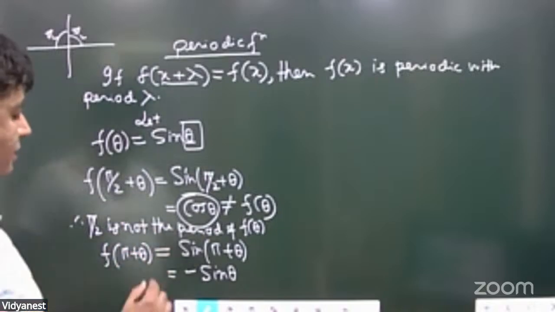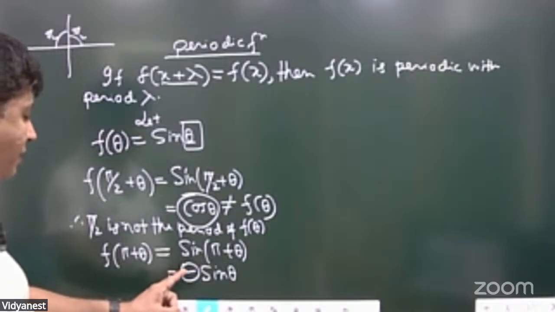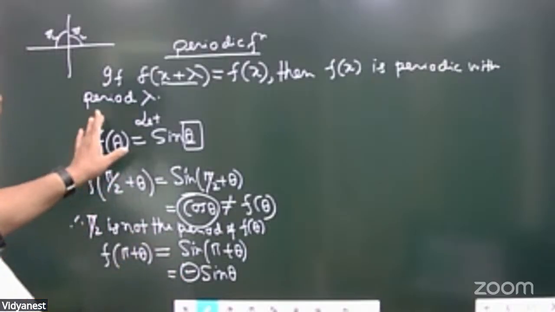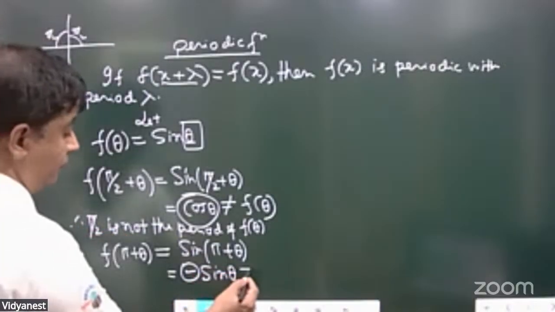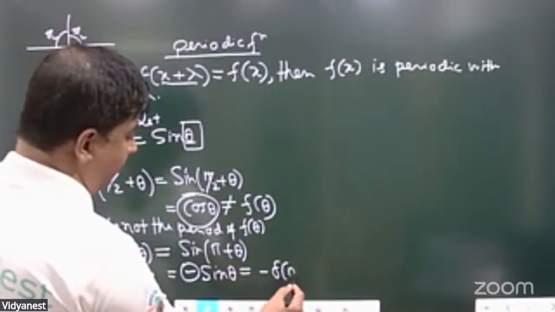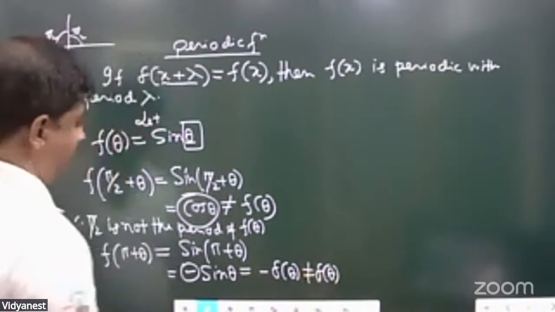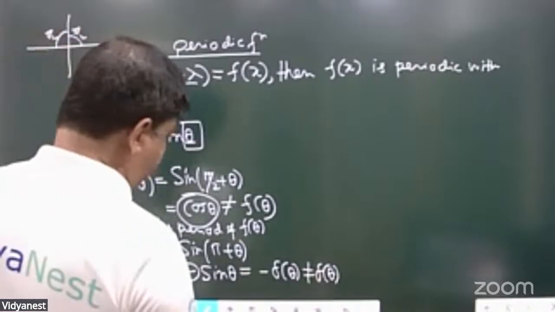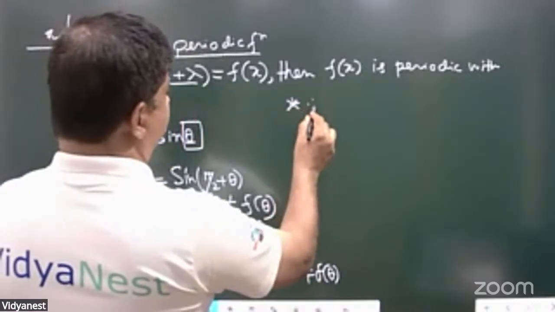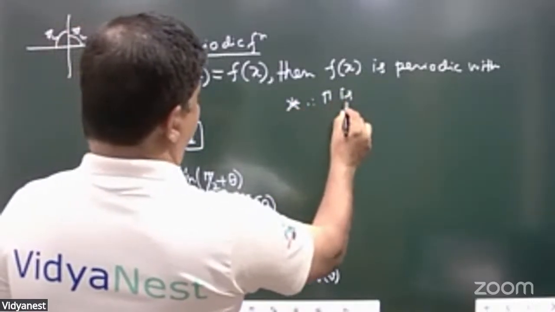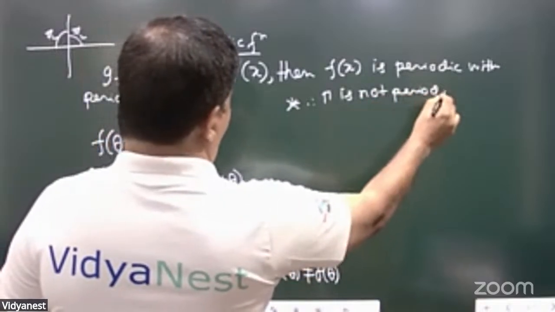Had this minus not been there, I would have said that f(theta) is constant, but no, it is minus f(theta), not equal to f(theta). So pi is not the period of sine.